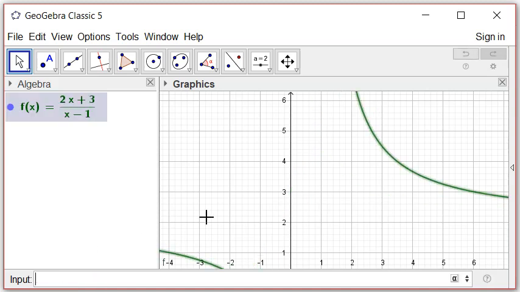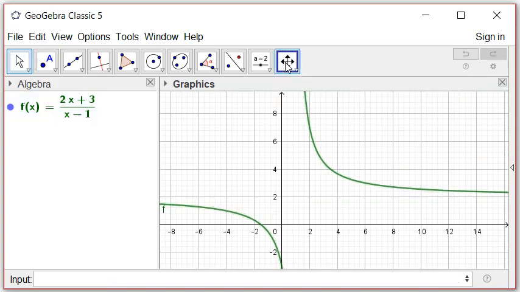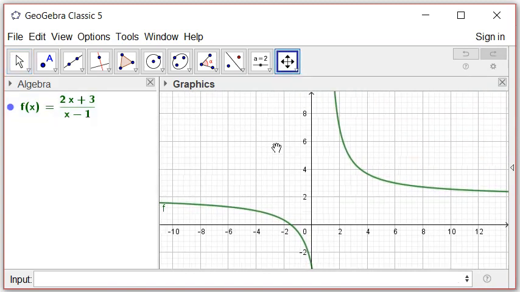Hit enter. I'm going to zoom out a bit so that we can see the picture. Then the equation of the tangent line was y equals negative 5 times x minus 2, plus 7.